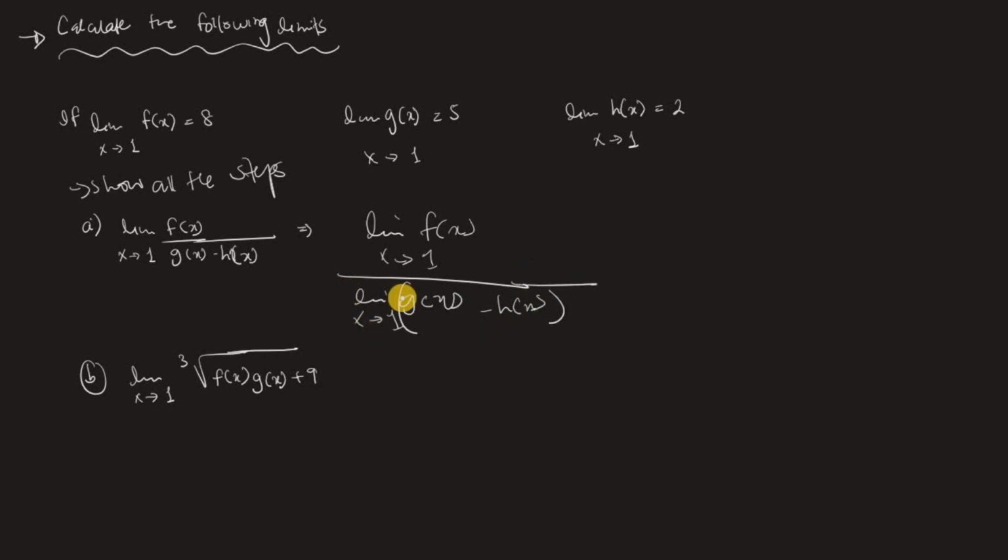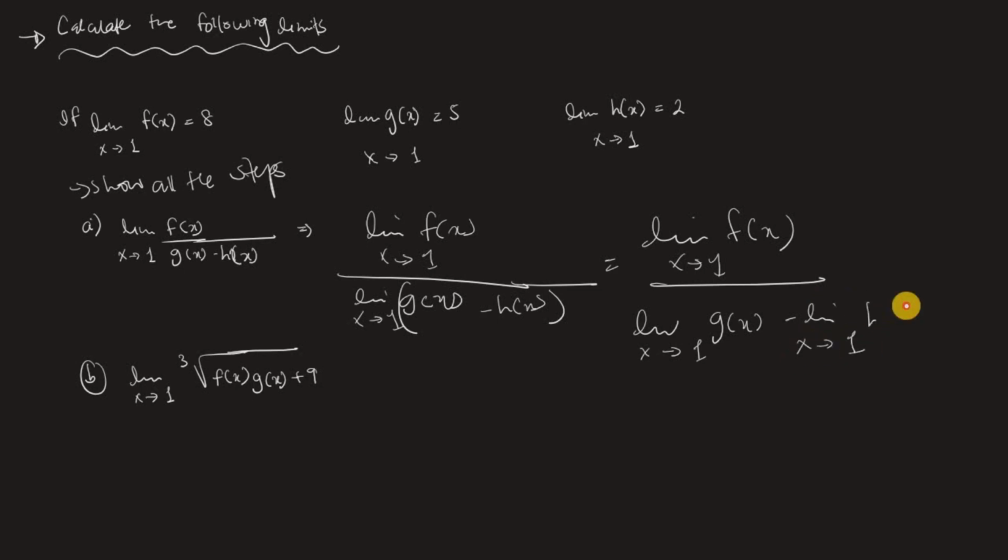So like this, and then this is going to go inside again. So the limit of f of x as x approaches 1, and then this is going to go inside, so the limit as x approaches 1 of g of x minus the limit as x approaches 1 of h of x.